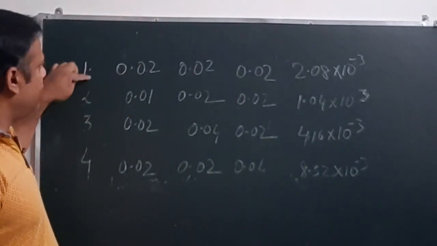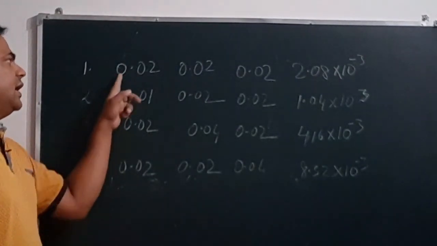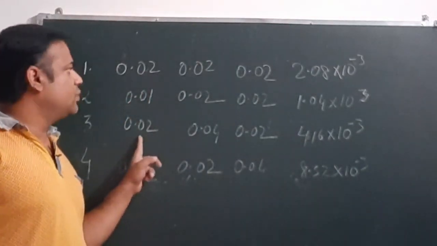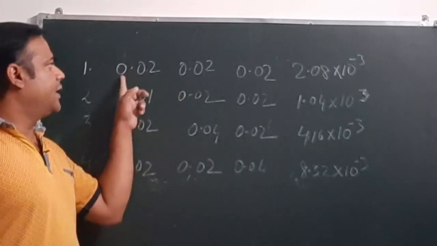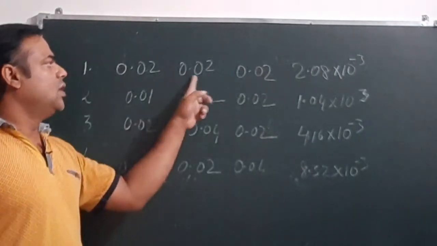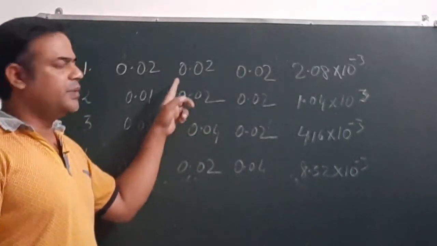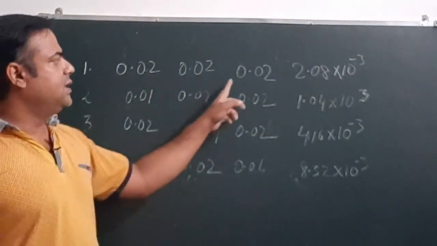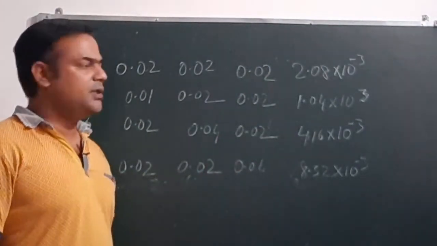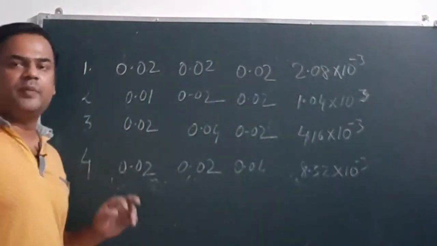If we take the experimental values first and third, not second and third, first and third, then in the first experiment A concentration is 0.02, here also 0.02, B concentration 0.02, here B concentration is 0.04, it has become double the initial concentration. C concentration here 0.02 and here C concentration is also 0.02, meaning A and C concentration is the same. So we can take the first and third experimental values.